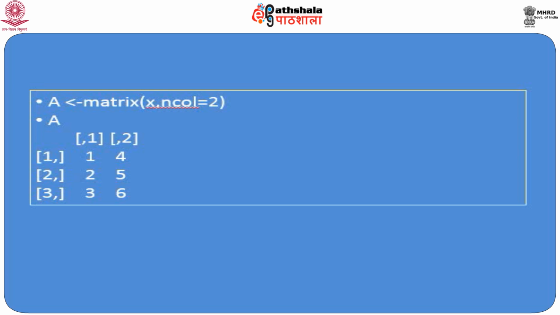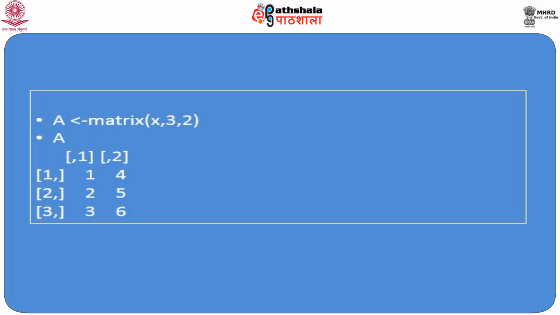The basic function is the same, and the question is how to put the elements which you want to put within the matrix. We can also get a similar matrix by only specifying the number of rows as 3 and columns as 2 in the ncol and nrow arguments. So this is what the output is.